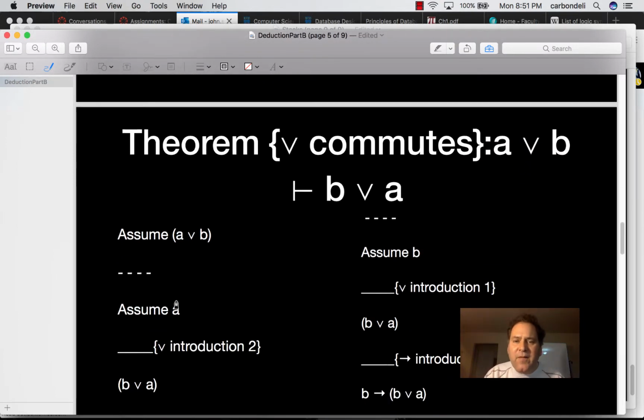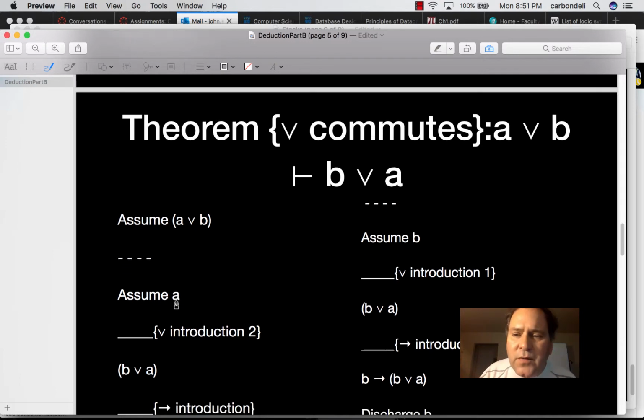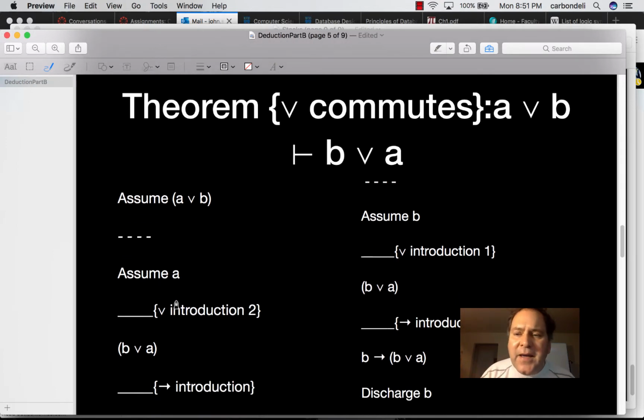And here we have a theorem which is that the logical OR commutes, or A logical OR B implies B logical OR A. And you can see up the top here, we again have our logical OR, which is this V-shaped symbol. We also have our turnstile, which is this T-square pointing to the right.